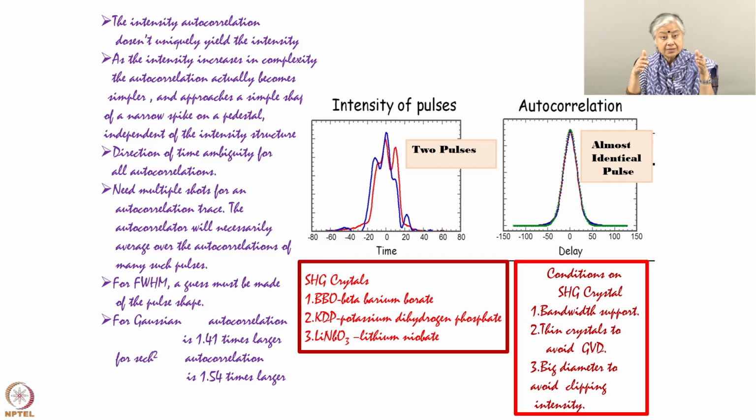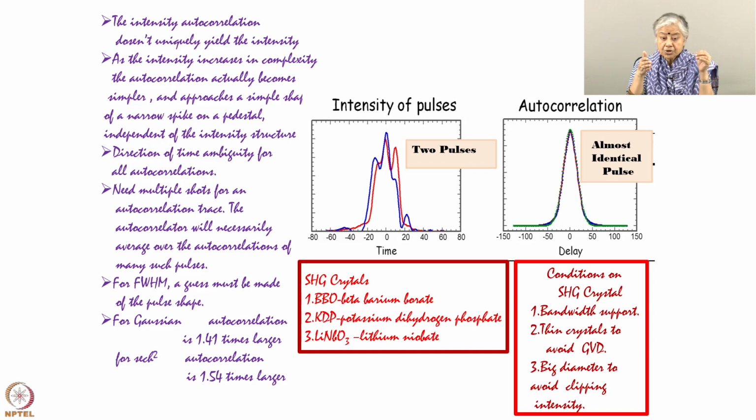That is what I meant by support. It is not as though some of those frequencies will be absorbed or cut off or reflected off, it should not be like that. All those frequencies should be able to pass through your crystal and create the second harmonic generation with its bandwidth.